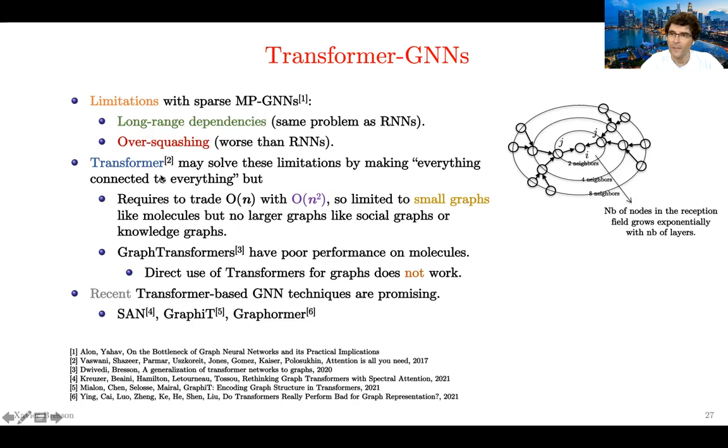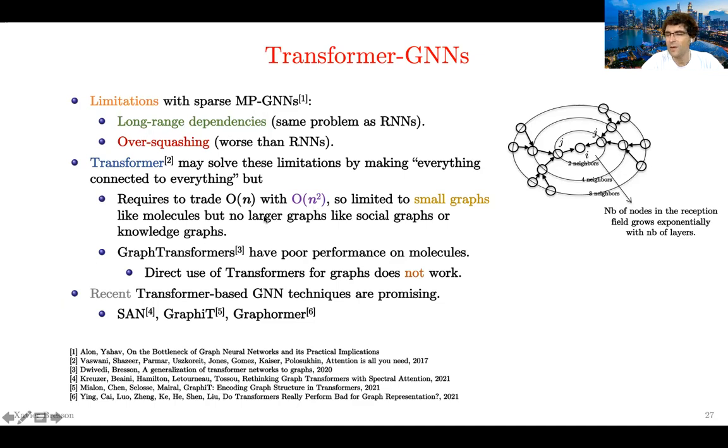So Transformer may solve these issues by making everything connected to everything. But you will need to trade the linear complexity of sparse message passing GNNs for quadratic complexity, which means in practice that we are going to be limited to small graphs like molecular graphs.